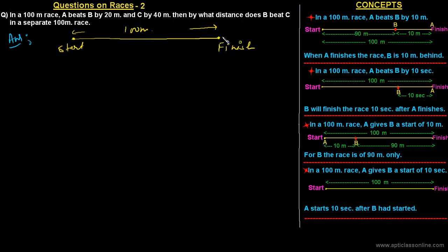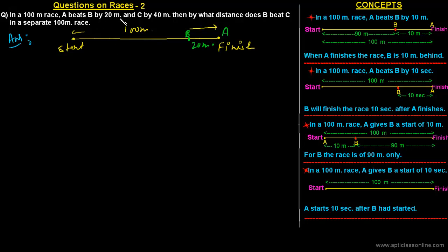A beat B by 20 meter. What does it mean? It means that when A finishes the race, B is 20 meter behind.